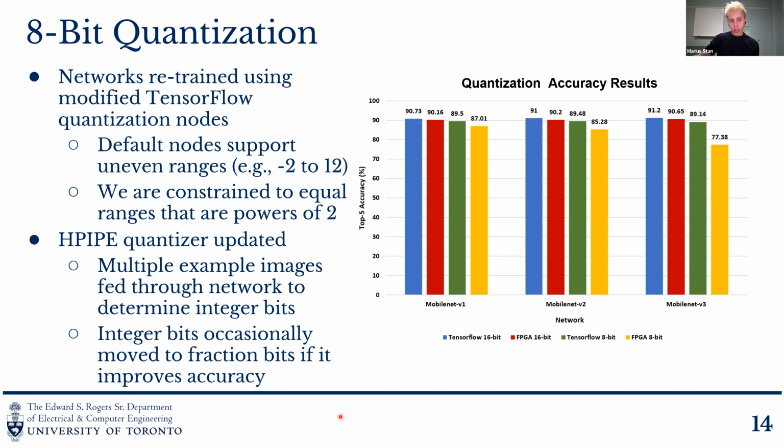And so with all these changes, we have the results shown in this graph. Here we have TensorFlow 16-bit and FPGA 16-bit, and then TensorFlow 8-bit and FPGA 8-bit. We have a bit of a drop going from TensorFlow 16-bit to TensorFlow 8-bit, but the biggest drop comes from TensorFlow 8-bit to FPGA 8-bit, especially for MobileNet v3. This is because of another limitation in the TensorFlow quantization strategy.